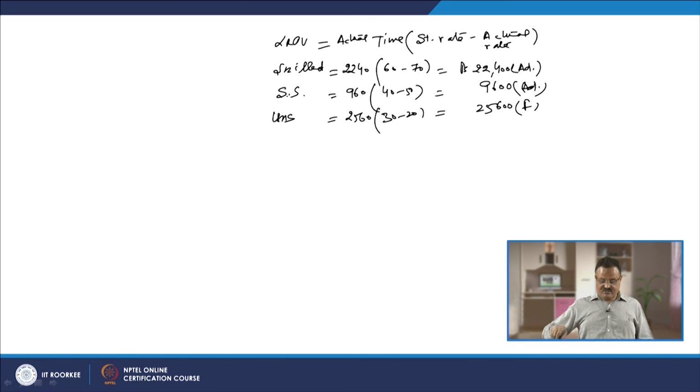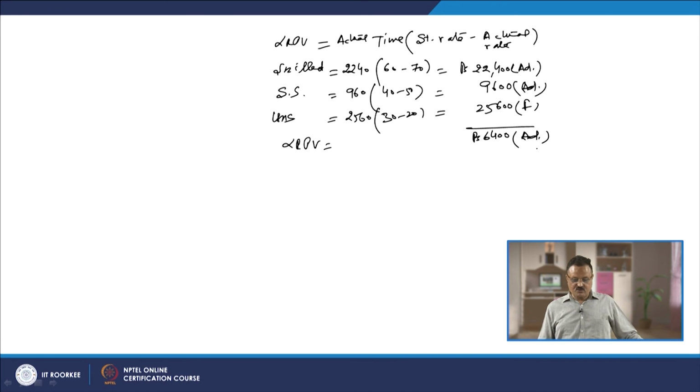Finally, you have to sum it up for calculating the LRPV. If you calculate the total sum of these three, it will come out as 6,400 adverse, because 22,400 plus 9,600 is the total adverse, minus the favorable 25,600.